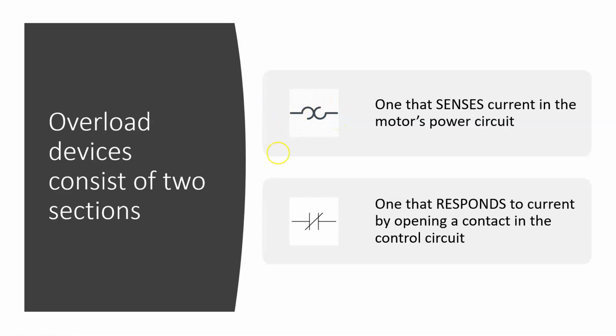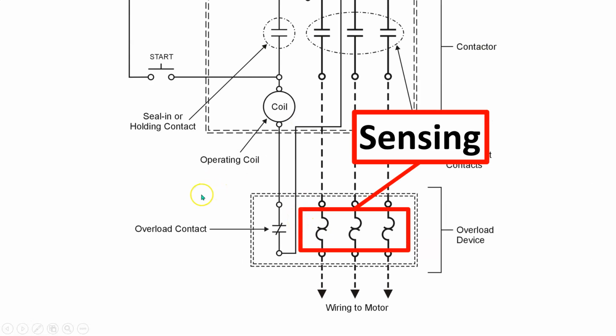All right, so we have a sensing device and a responding device, but they are in two different circuits. This would be the higher voltage one, and the other most likely lower voltage. Okay, so here we have a wiring diagram. Here we have our contactor with our contacts, which are normally open. We have our seal-in or holding contacts.